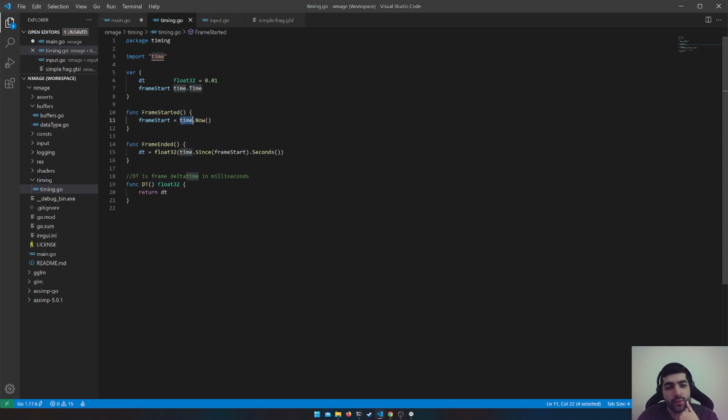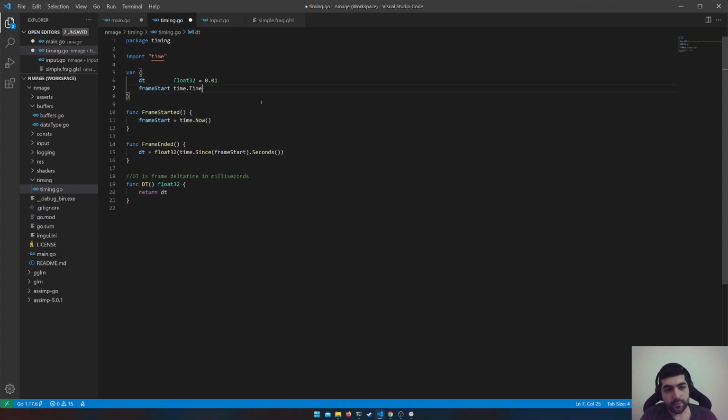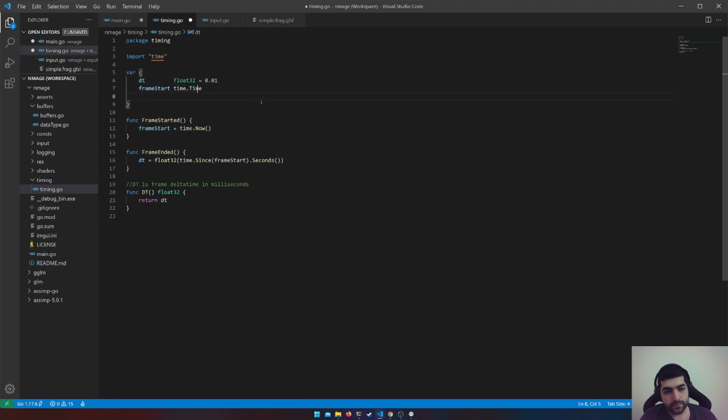Because in Go, it's really easy to get the current time, the actual time. Perhaps we want to get an engine start time. Might be useful. So let's have a start time, which is just the kind of time.